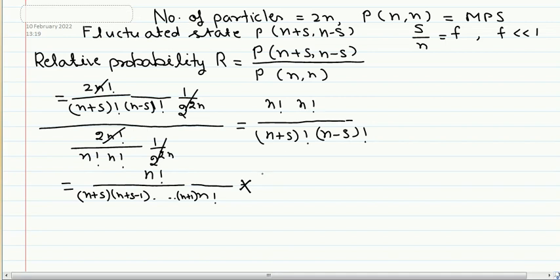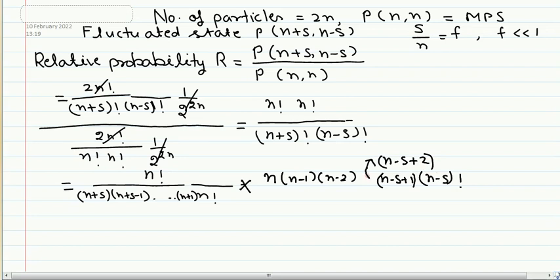So let us factorize this. It will be n into n minus 1, then n minus 2, and somewhere it will become n minus s factorial, and before it there will be a term like n minus s plus 1, and before that a term n minus s plus 2.